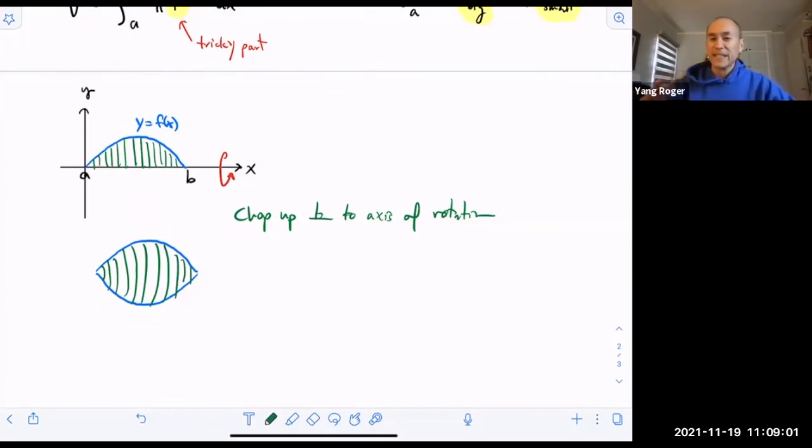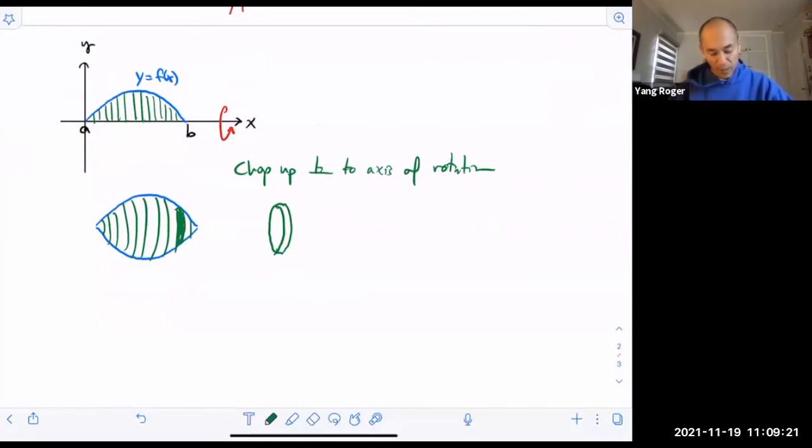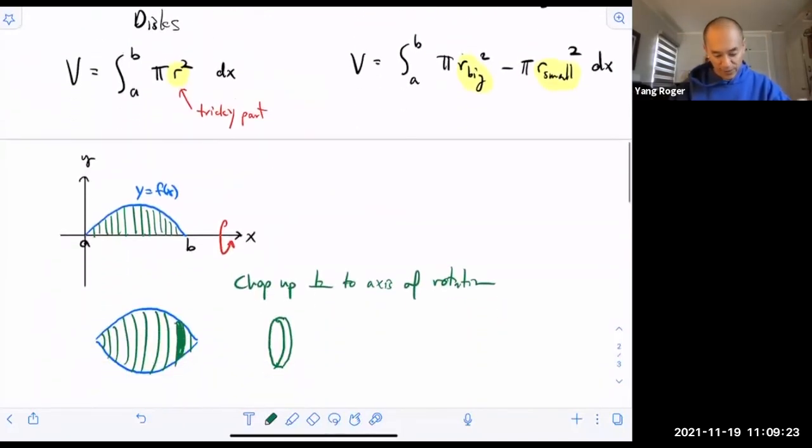So this is definitely discs, right? Like when we look at this, we could see that if you took a piece of this cross-sectional area right here, and you were to pull it out to the side, it would look like a circular disc. So earlier I had told you that this formula over here is pi r squared.